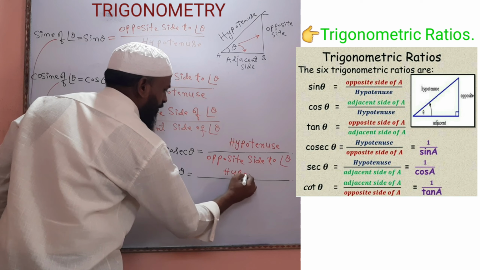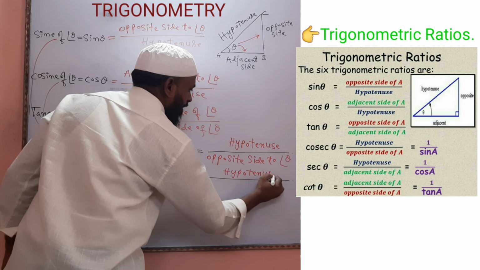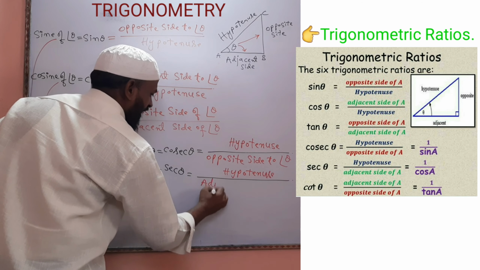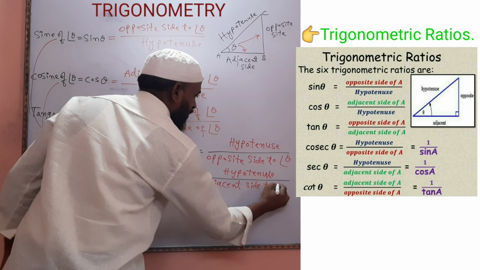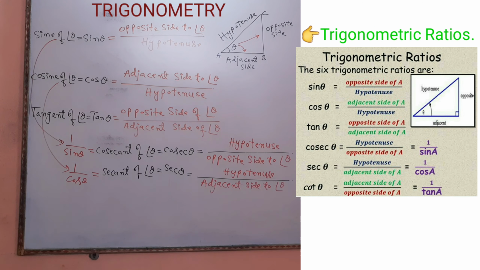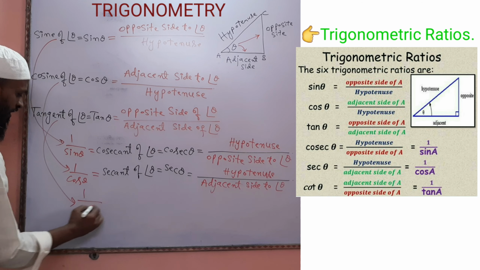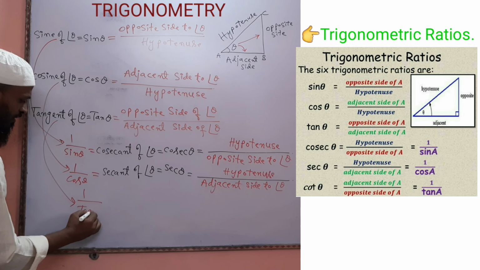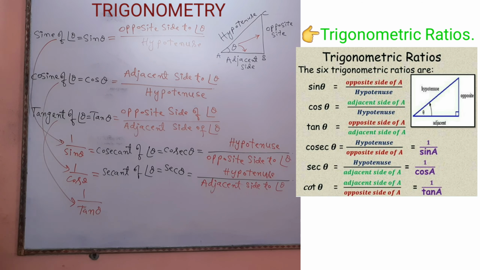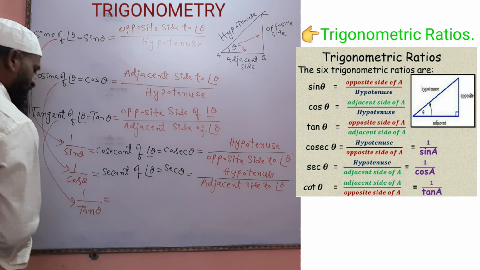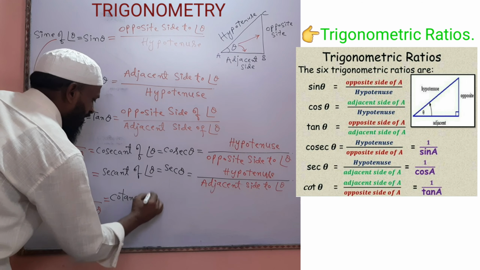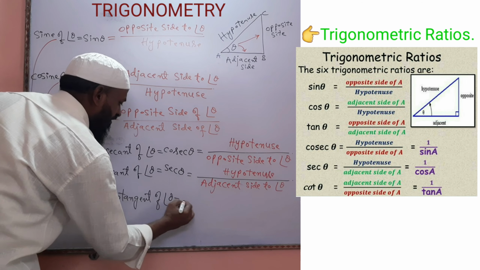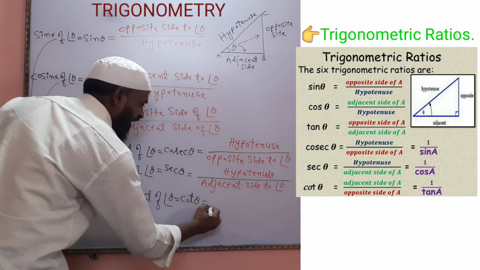Reciprocal means hypotenuse by adjacent side to angle theta. The next trigonometric ratio is the reciprocal of tan theta. The reciprocal of tan theta is called cotangent of angle theta, simply cot theta.